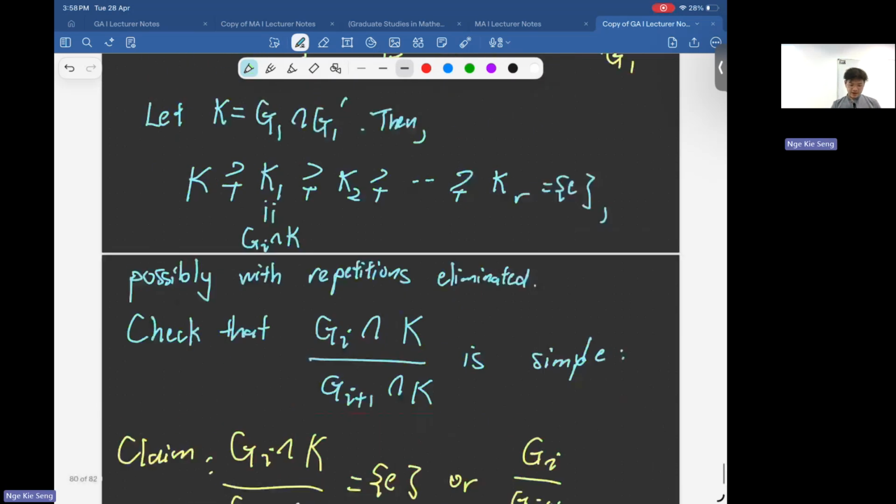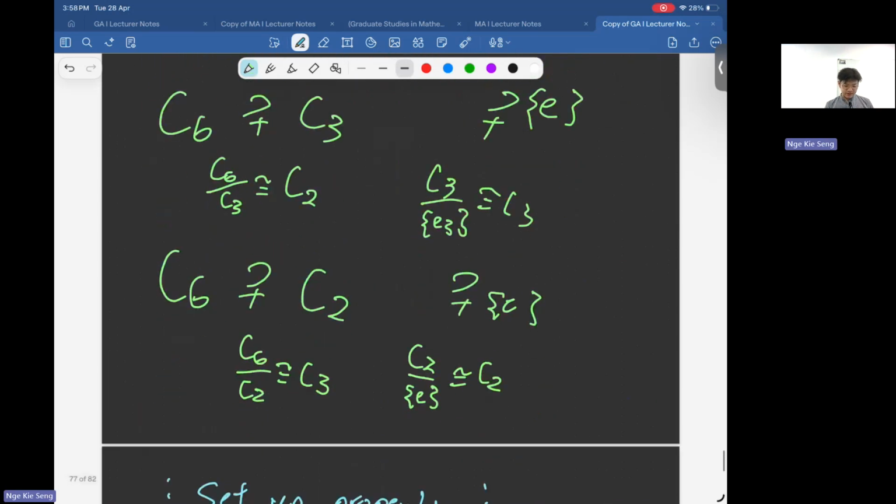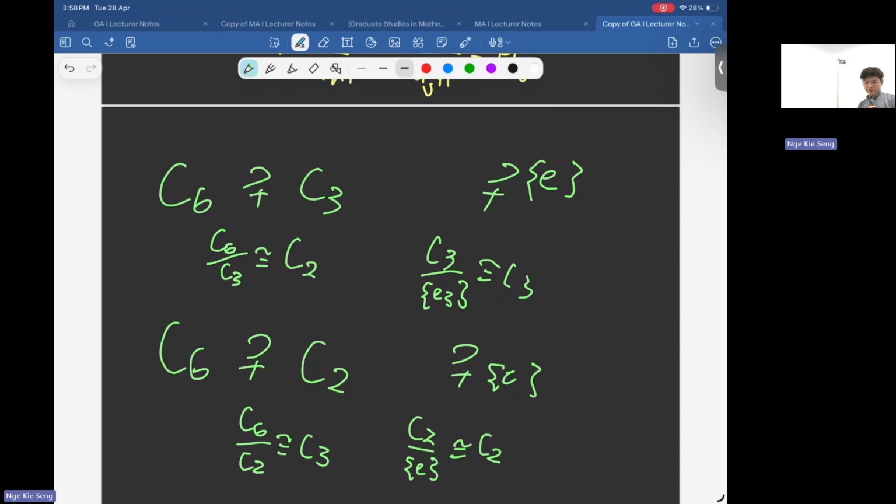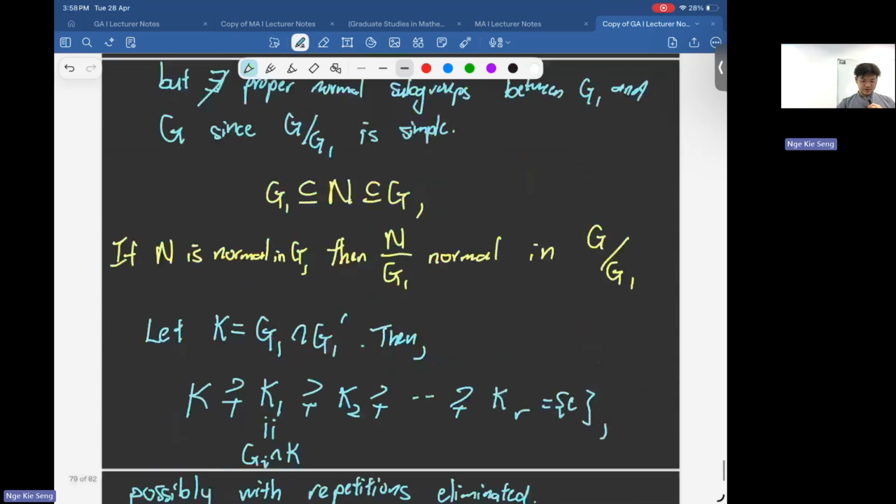I think so far our length is quite short. We didn't really see this happening here because we kind of stopped here. Maybe you could try with a longer, a larger group. Yeah, maybe you can try C12.